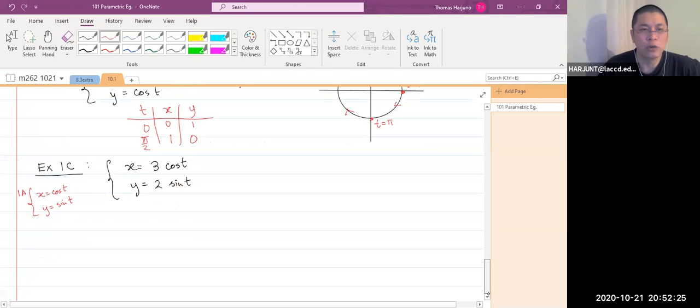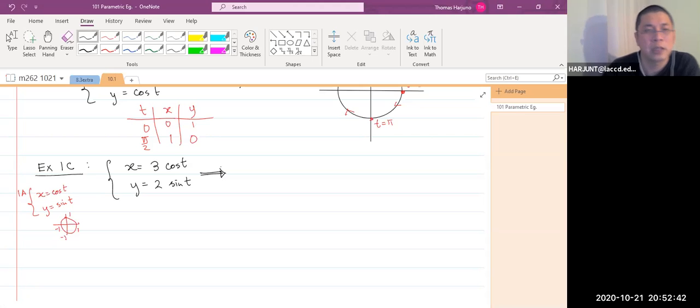That gives us a unit circle. But what happens when I put 3 in front of the cosine t and 2 in front of the sine t? Basically, I multiply the x by 3, the y by 2.